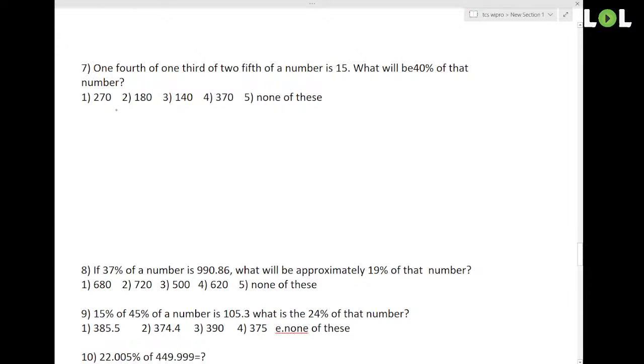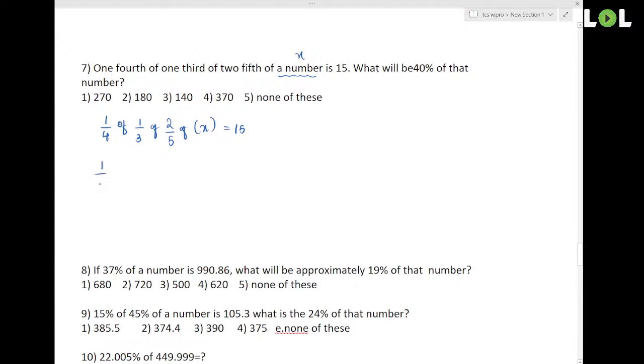So let us do: 1/4 of 1/3 of 2/5 of a number is 15. Of a number means which number? I don't know, let us consider it as X. That is 15. What will be 40% of the number?